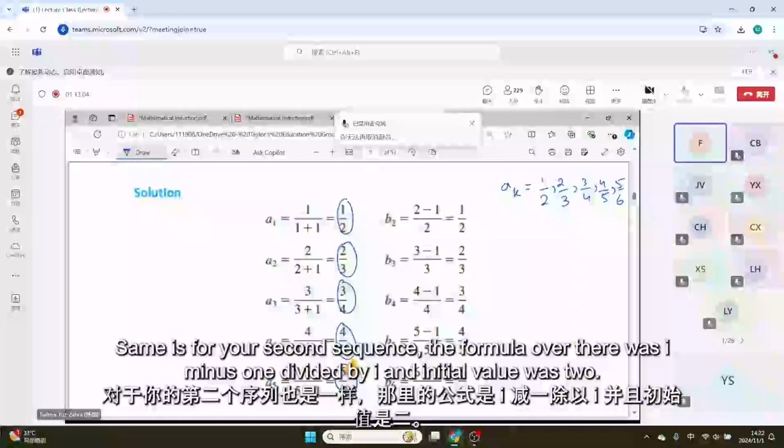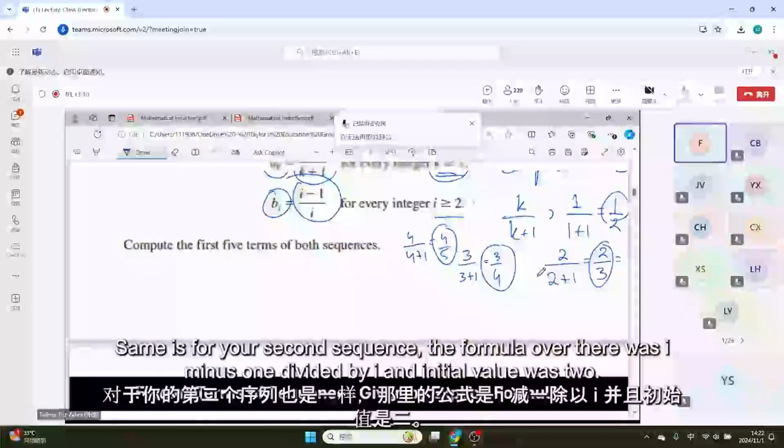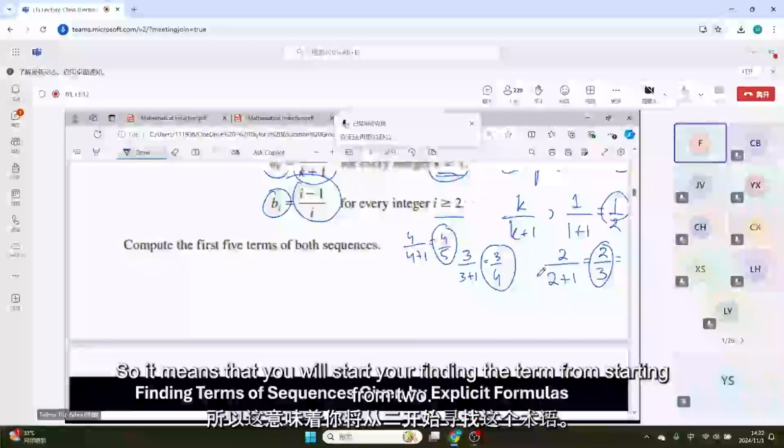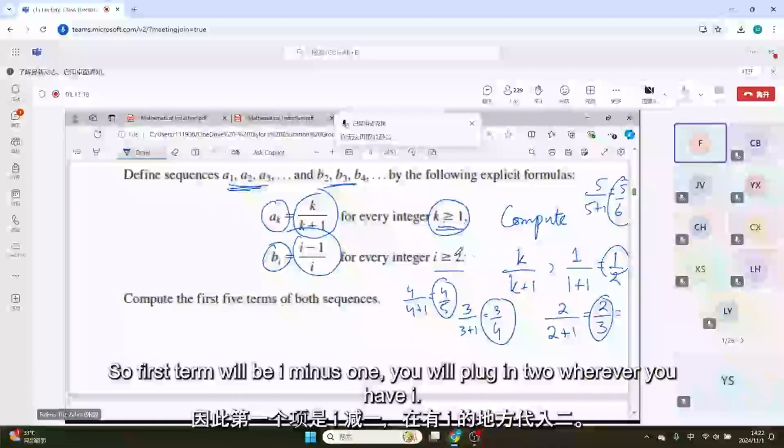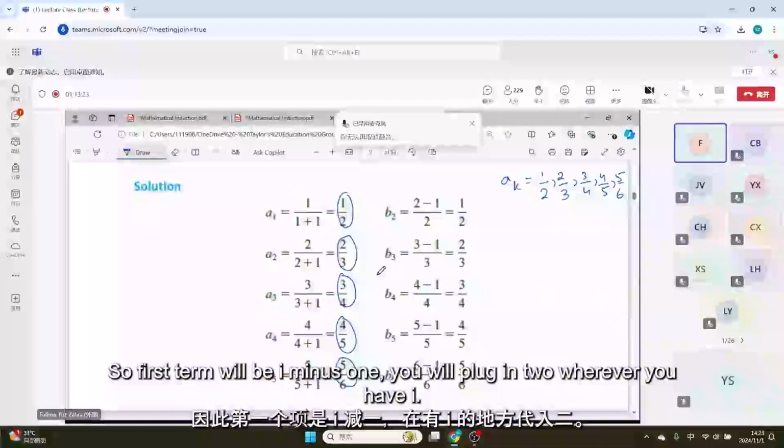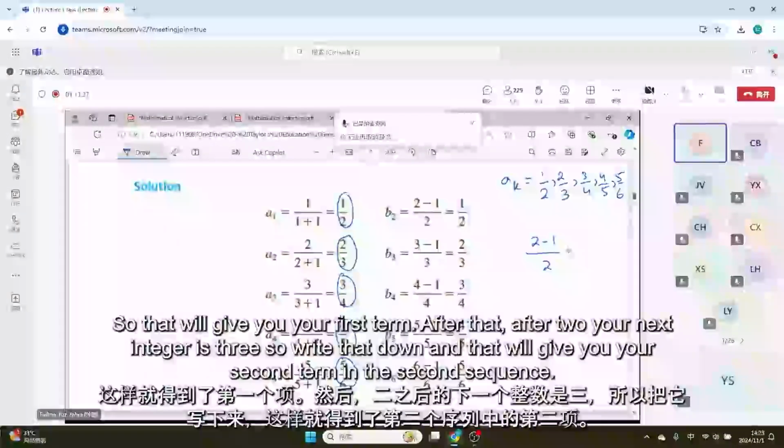Same is for your second sequence. The formula over there was I minus 1 divided by I, and initial value was 2. So it means that you will start finding the terms from 2. So first term will be: you will plug in 2 wherever you have I. Okay, so that will give you your first term. After 2, next integer is 3.